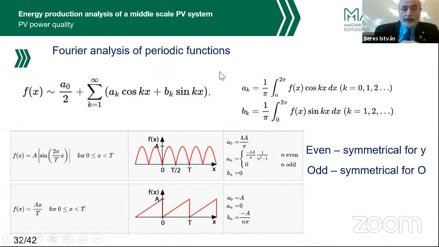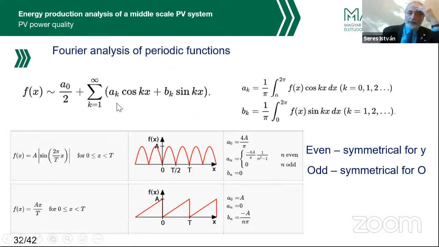Perhaps some of you were learning mathematics, and perhaps you have learned the Fourier analysis theory. In the Fourier analysis, it says that if you have any periodic function, this periodic function can be reproduced by a special sum of sinus and cosinus functions. This is the so-called Fourier series. And we even have the rule how the multipliers of the sinus and cosinus functions have to be calculated.